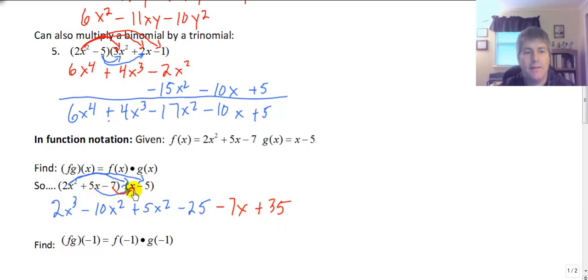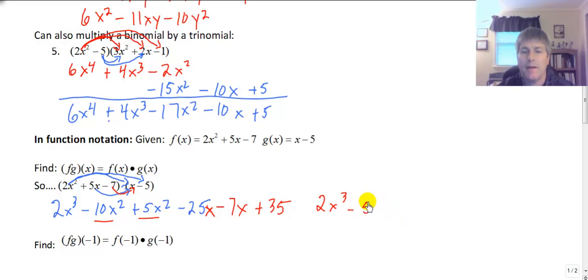So hopefully I did this all correctly. I didn't. 5x times negative 5 is negative 25x. So look for my like terms. I have 2x cubed and my x squareds.